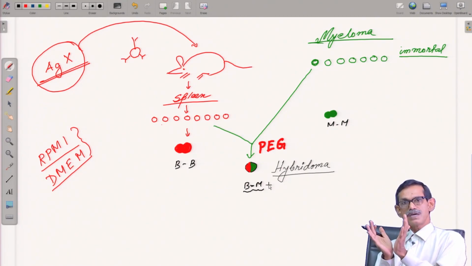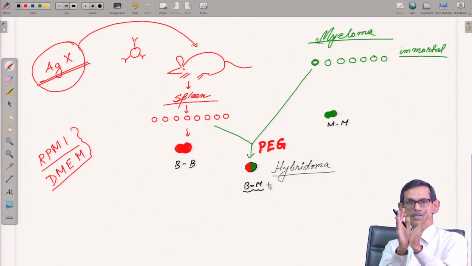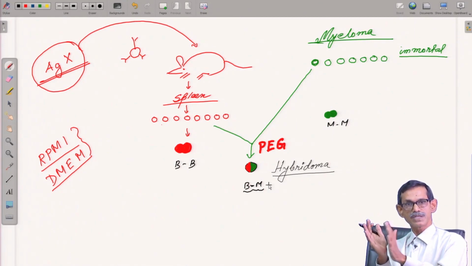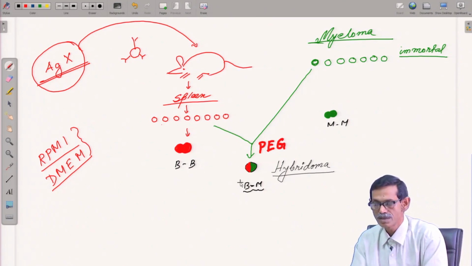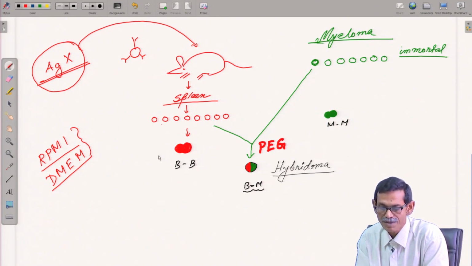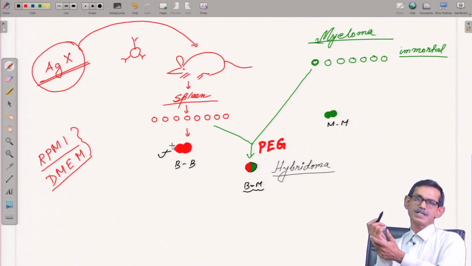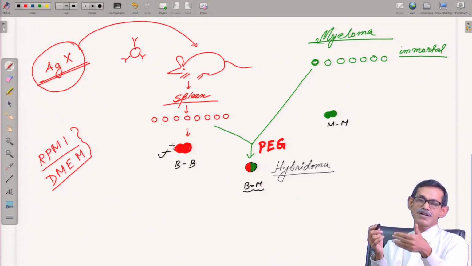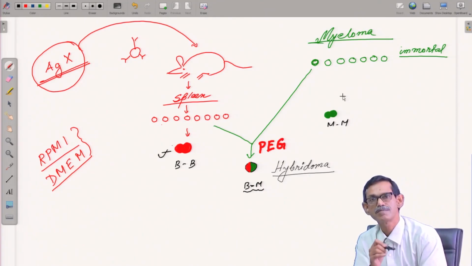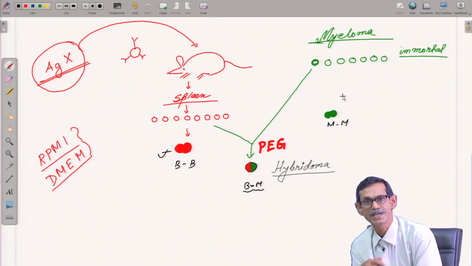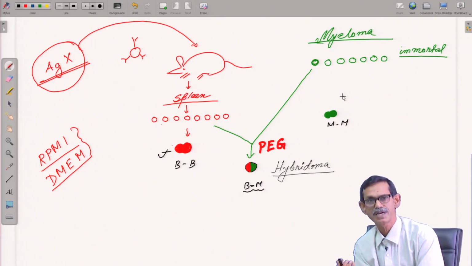So, in the mixture of myeloma fusion, B cell fusion and B cell myeloma fusion, we have to select only this one, because we do not need these two. To get rid of the B cell fusion is not a big deal, because they are not going to survive after a few cycles anyway, they are going to die. But the problem is to get rid of the myeloma fusion, because after this experiment you have a huge number of cells, millions of cells.